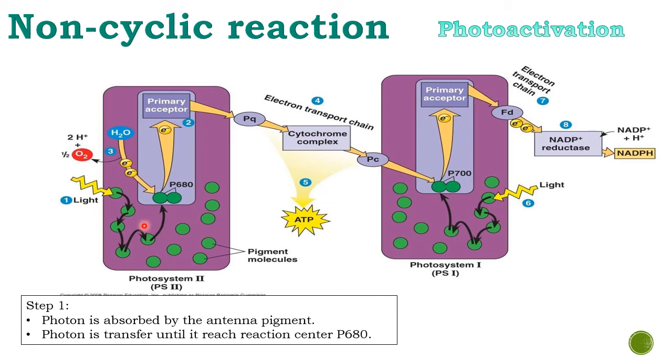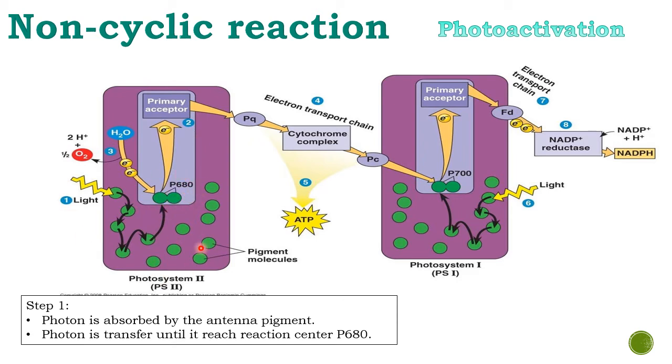The first process is photoactivation. The antenna pigment in the light harvesting complex in photosystem 2 absorbs the light energy, or photon, from the sun and passes the energy from one antenna pigment to another antenna pigment until the light energy reaches the reaction center, which is P680. Why P680?